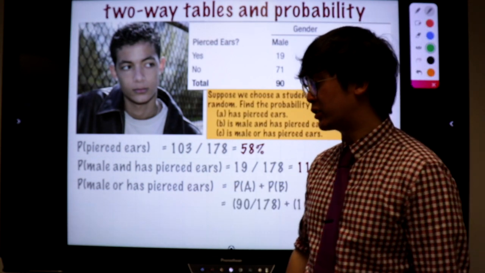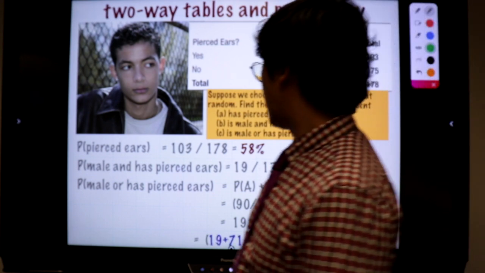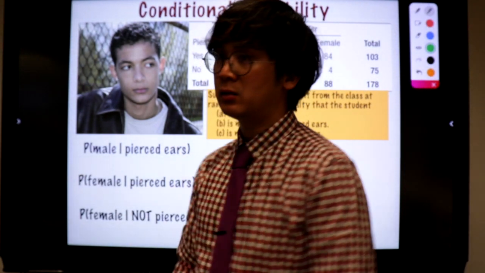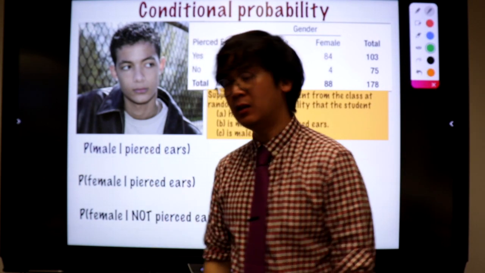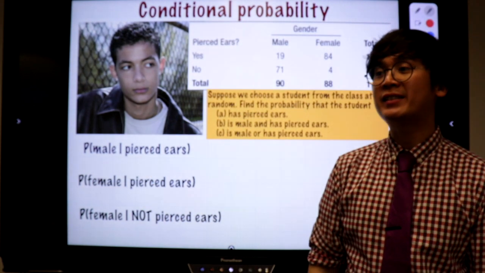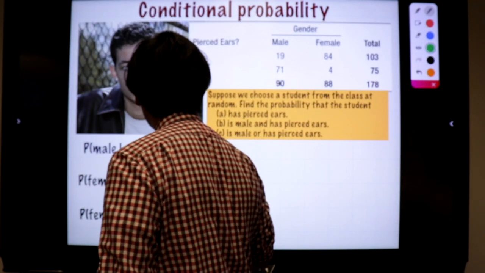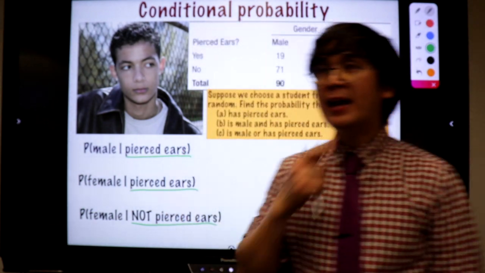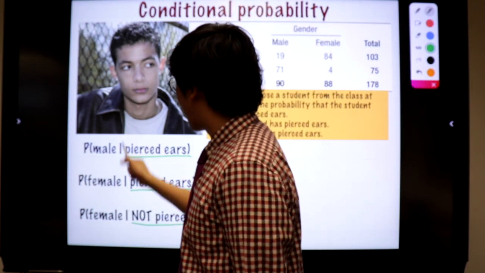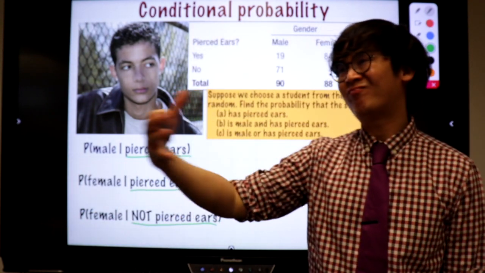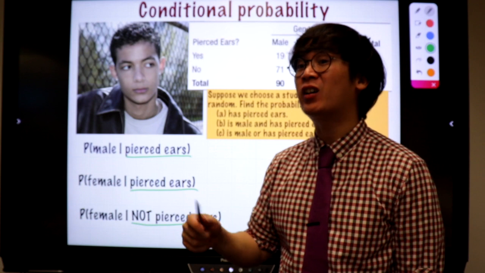Now, how is it going to change? This is how it's going to change. Let's have the same table, but this time we have this symbol right here, which is what we call the conditional statement. In statistics, this particular sign is where we attach the word given, or the condition is.